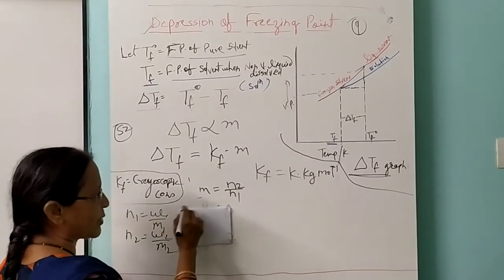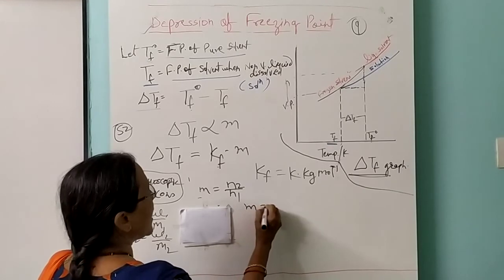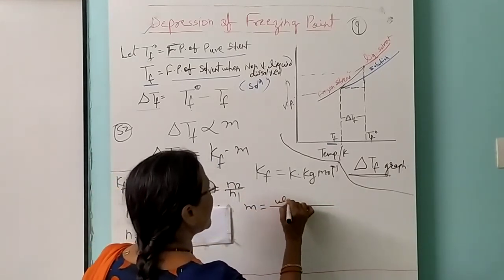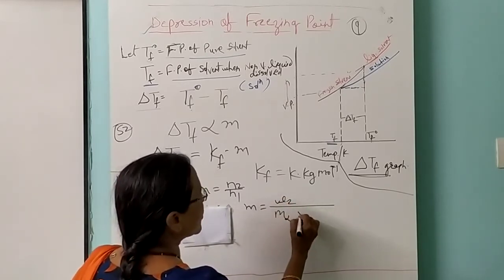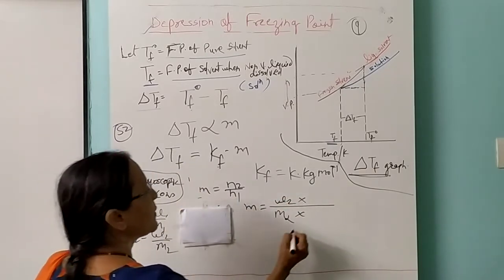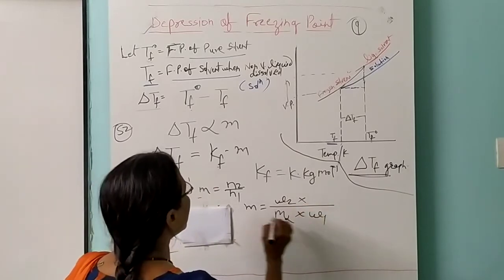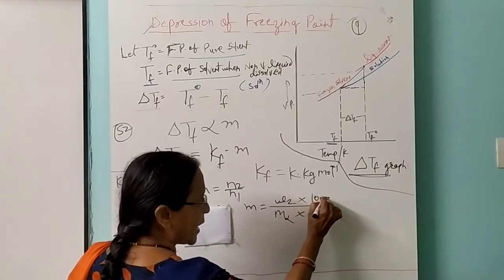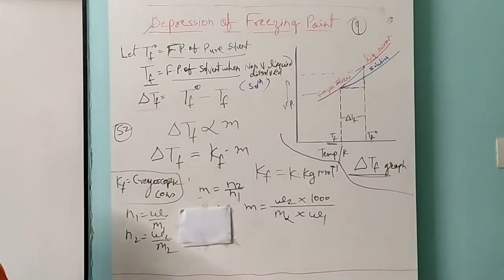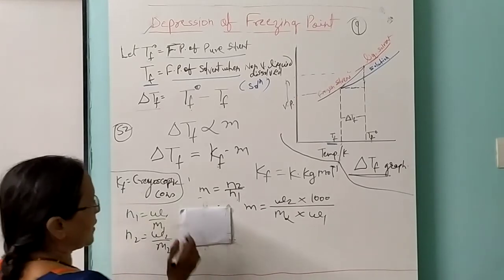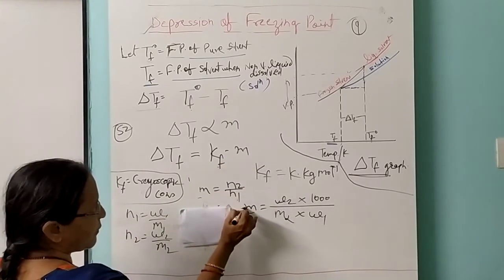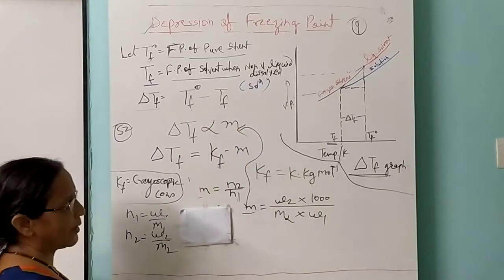Now I will put these values in this equation. So m is equal to W2 upon M2 into n1, meaning W1 upon M1. For M1, we are taking 1000 grams of solvent, so I will write 1000. Now this value of m we will put in this equation.